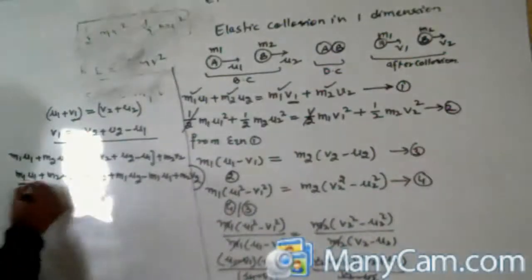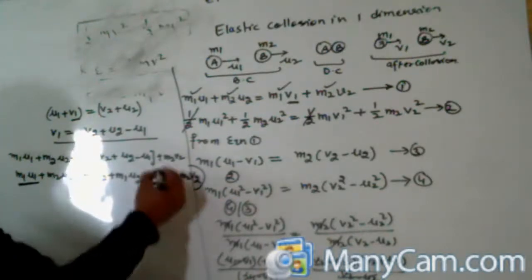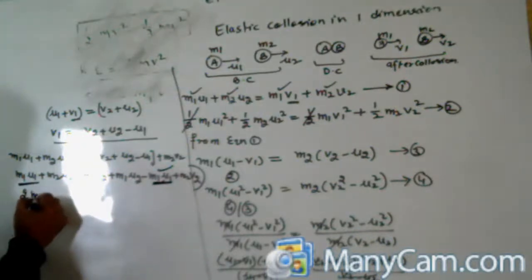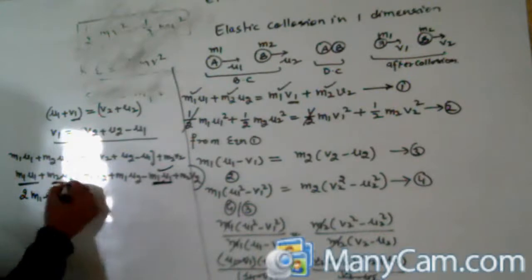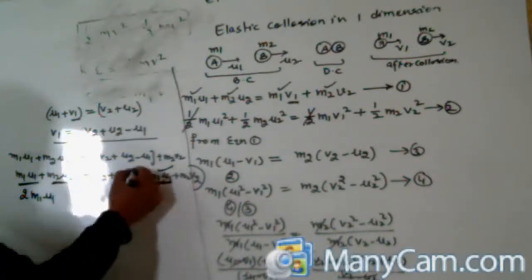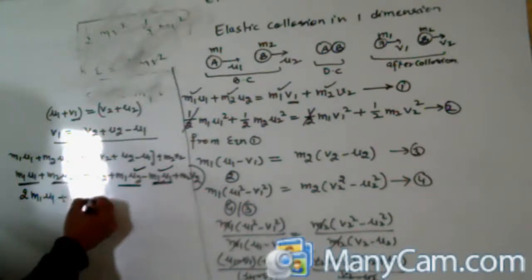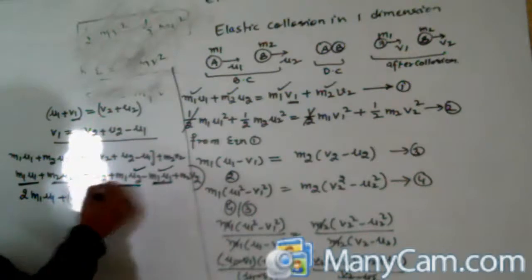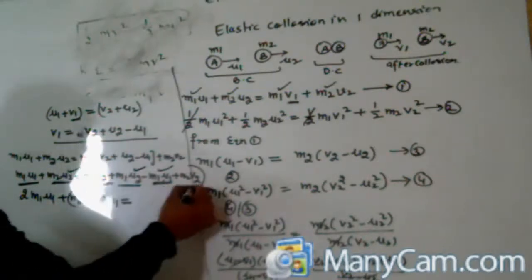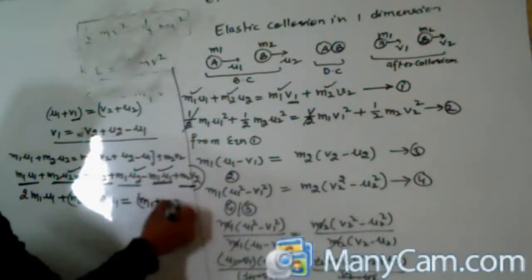ये देखो इधर m1 u1 और यहाँ पे m1 u1. This right side it is negative, mean 2 m1 u1, next is m2 u2, और यहाँ पे m1 u2, u2 remain common, mean (m2 minus m1) और u1 बेटा मैंने कॉमन ले लिया is equal to right side m1 v2, m2 v2, mean (m1 plus m2) into v2.